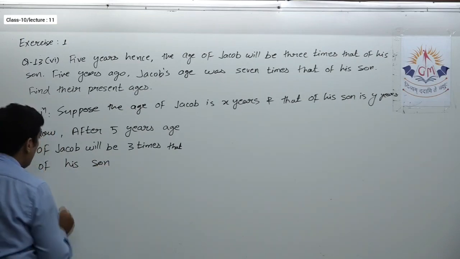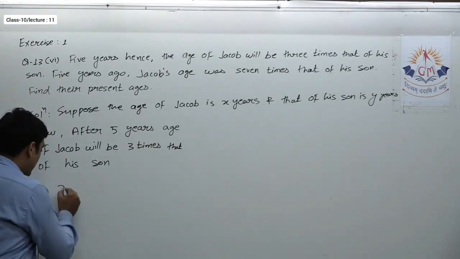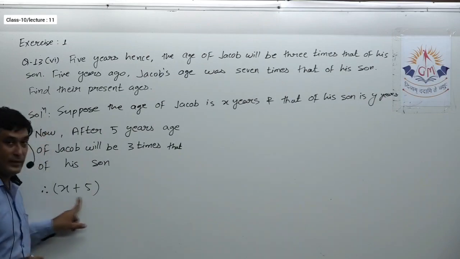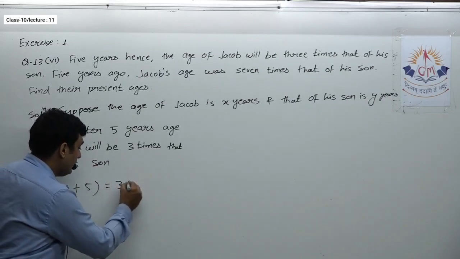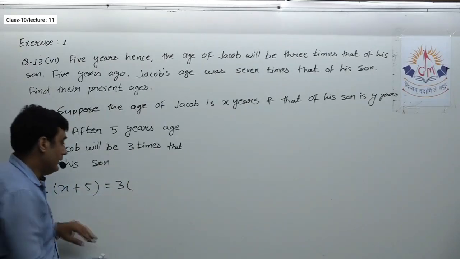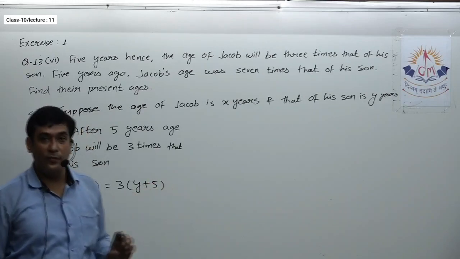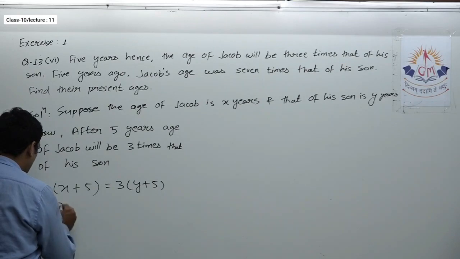Therefore, what it says: after 5 years the age of Jacob, this is the age of Jacob after 5 years, will be equal to three times what? The age of the son, that is again after 5 years. So this gives the first relation. So when we simplify this, what will we get?